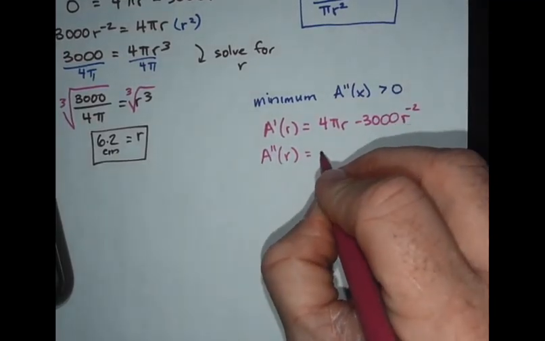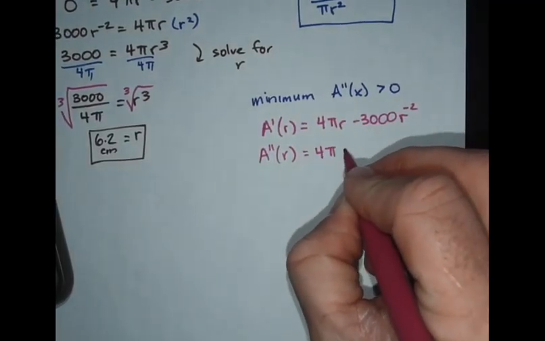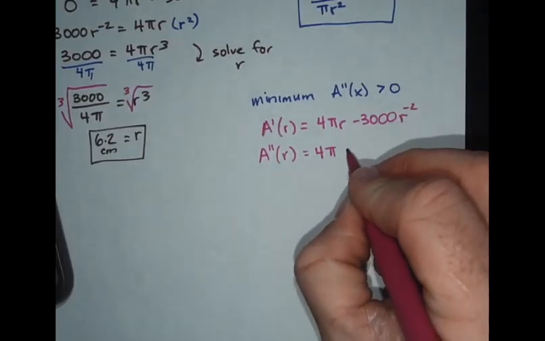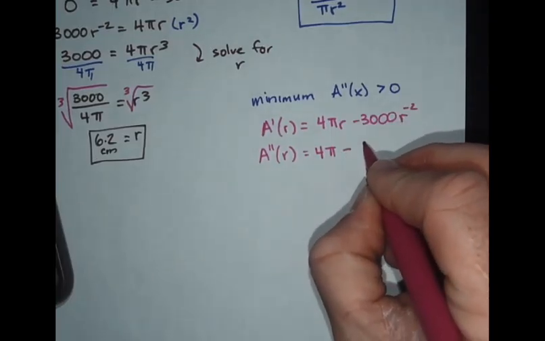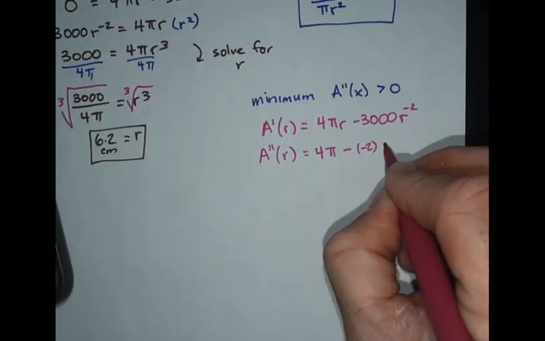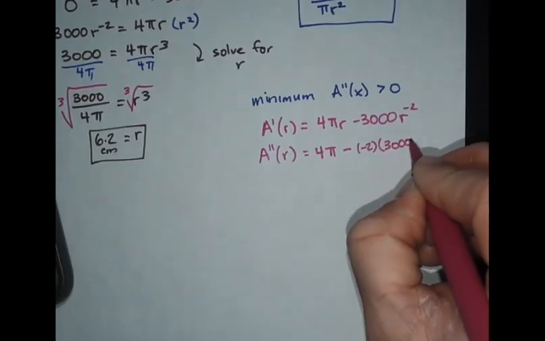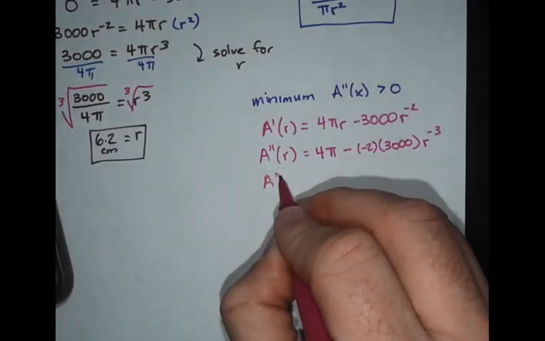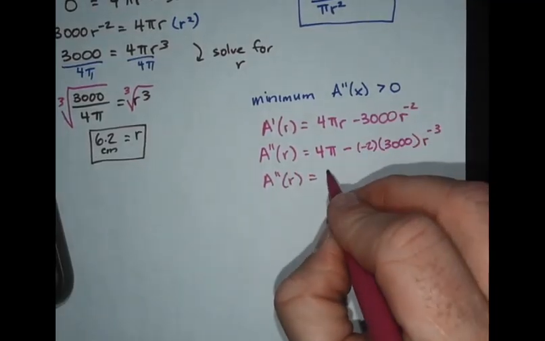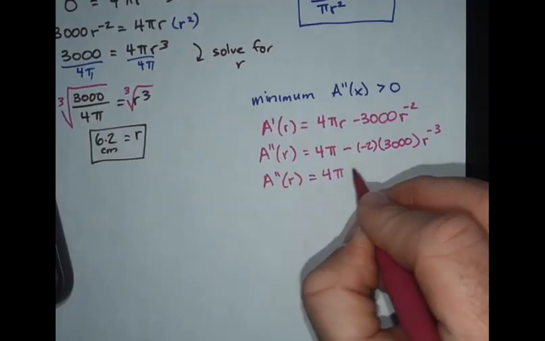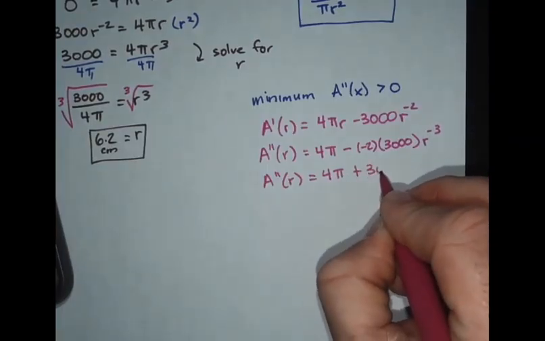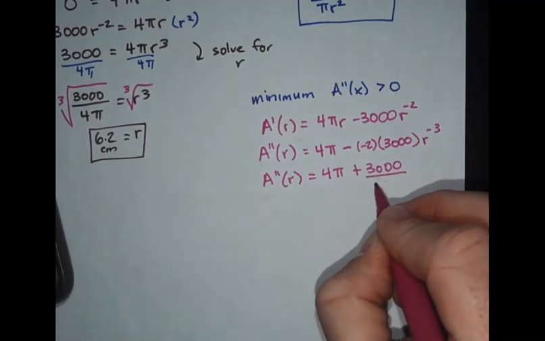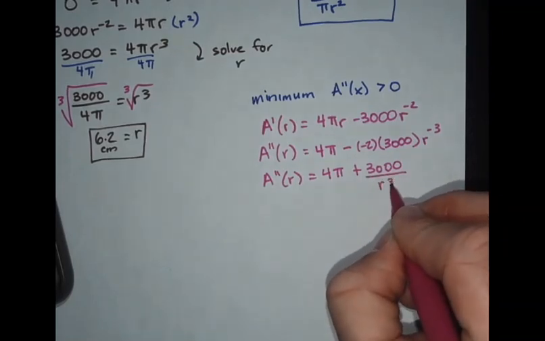The derivative of that is just 4 pi, and then the exponent comes out front. So it's minus negative 2 times 3000 r to the negative 3. So 4 pi plus 6000 over r cubed.